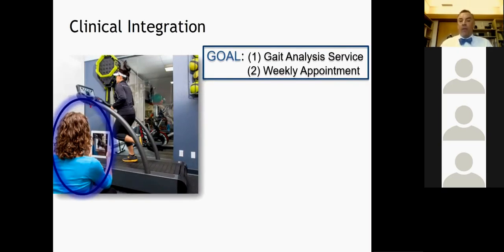But we've also developed this in terms of, this is a 5-minute procedure from start to finish in your hand. So this could also be a weekly appointment. And within our clinical network, it's been very interesting that this is what has organically grown out of the use of KinetiGait, is that some people have decided to advertise as a new gait analysis service, whereas others have simply made this part of their clinical practice, and they're trying to generate a new weekly appointment out of their patient in terms of this overall gait analysis.